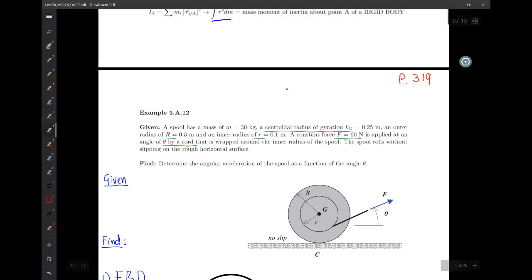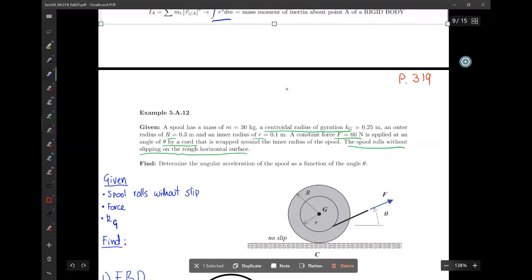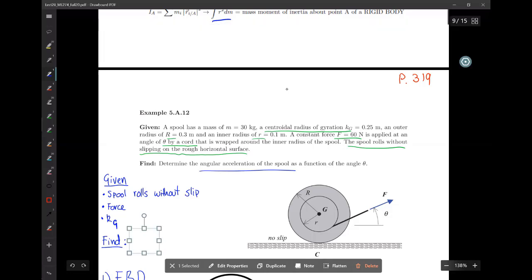And the cord is wrapped around the spool. The spool rolls without slipping on a rough surface. Okay, that's good. So we're told that this has no slip, that we have a force, and we have a radius of gyration about point G. Let me use big G here. And we're asked to find the angular acceleration of the spool as a function of the angle.